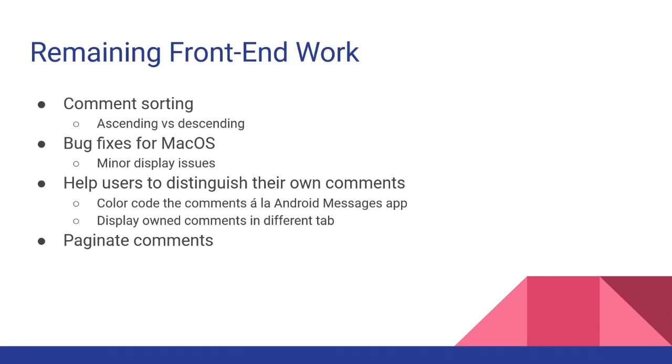So thinking either color code them or add a different tab so that users can view their own comments and only their own. And lastly, we'd like to paginate the comments so that we don't end up with just a super long list trying to load all at once.